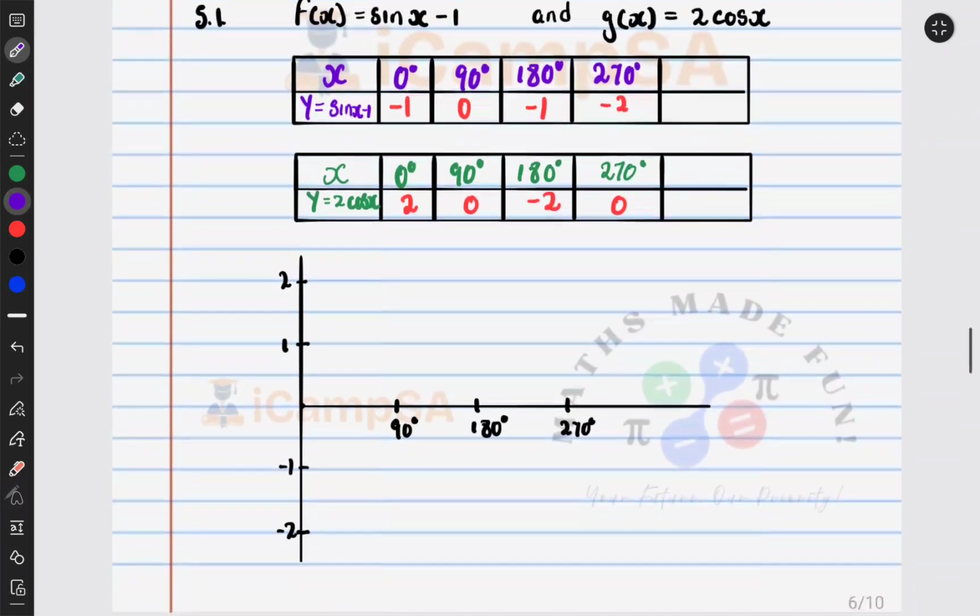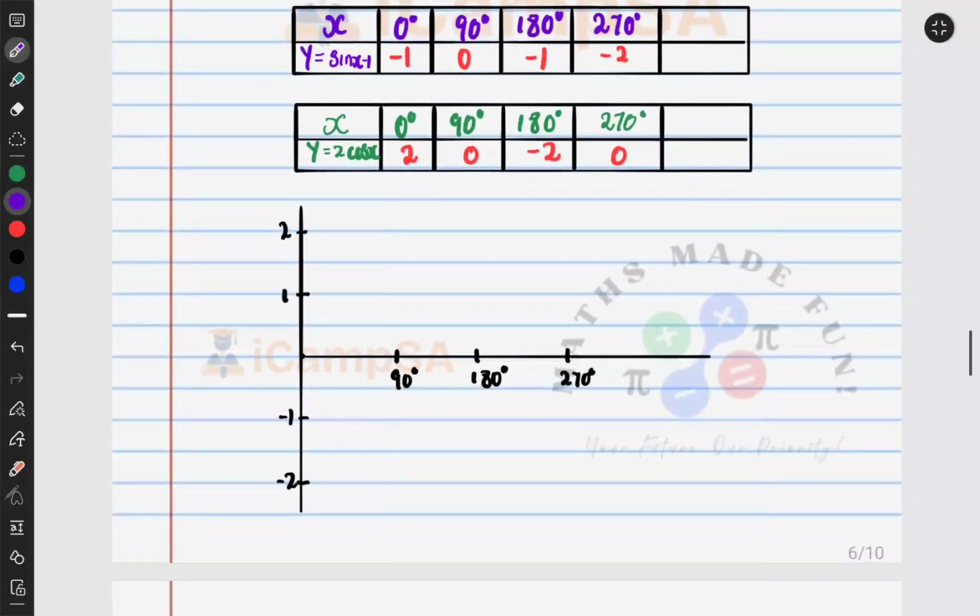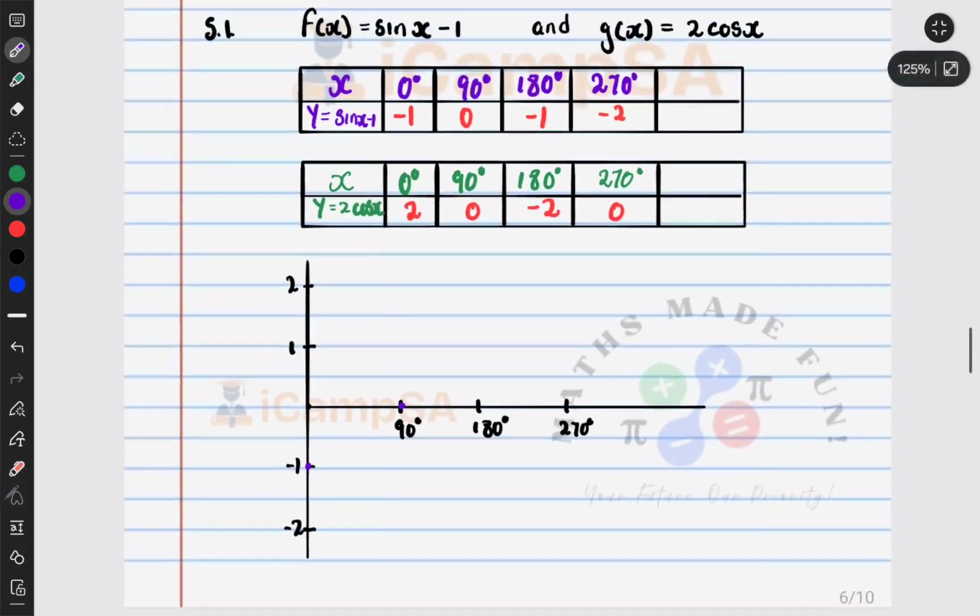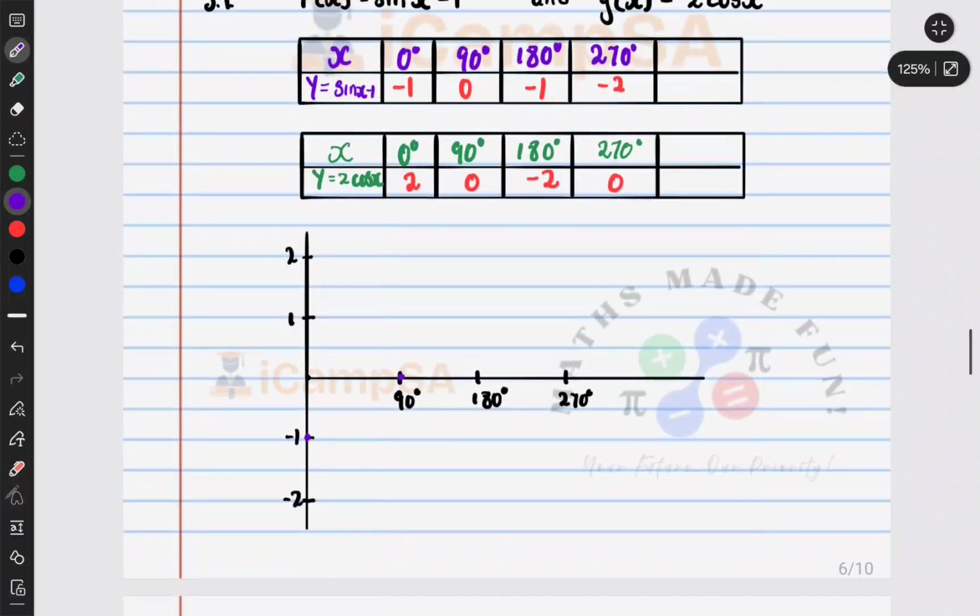Let's start by sketching the sine function: where x is 0, y is -1; where x is 90, y is 0; where x is 180, y is -1; where x is 270, y is -2.